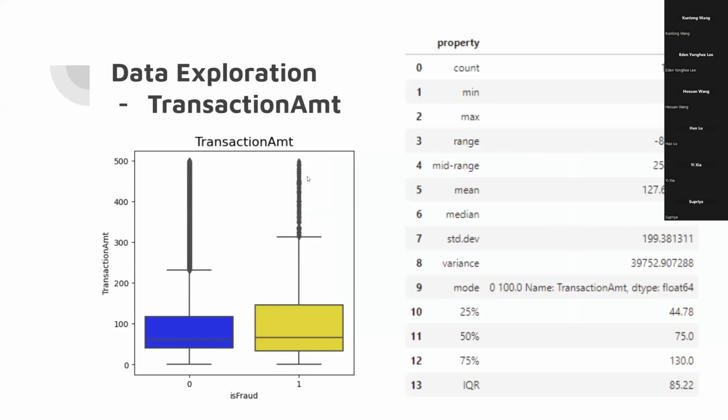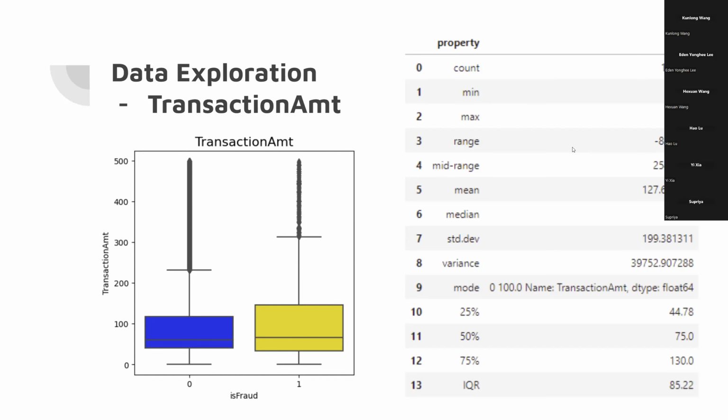The next feature is transaction amount, the amount in each transaction. We can see in the plot the basic statistics and the quartiles, and we can find that fraud is more likely to occur if the transaction amount is high.